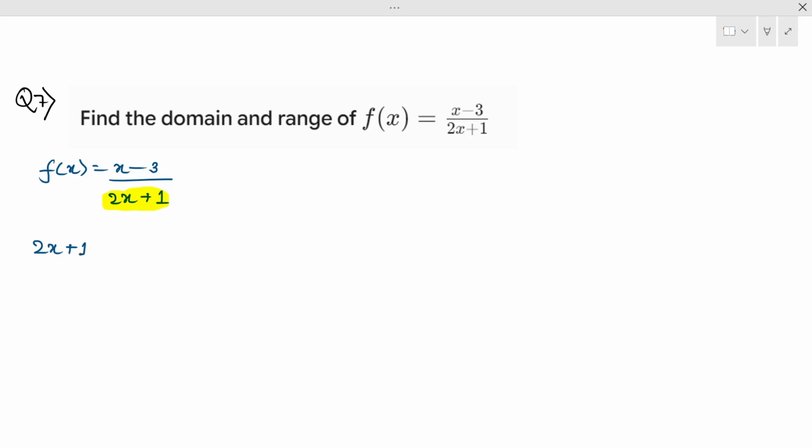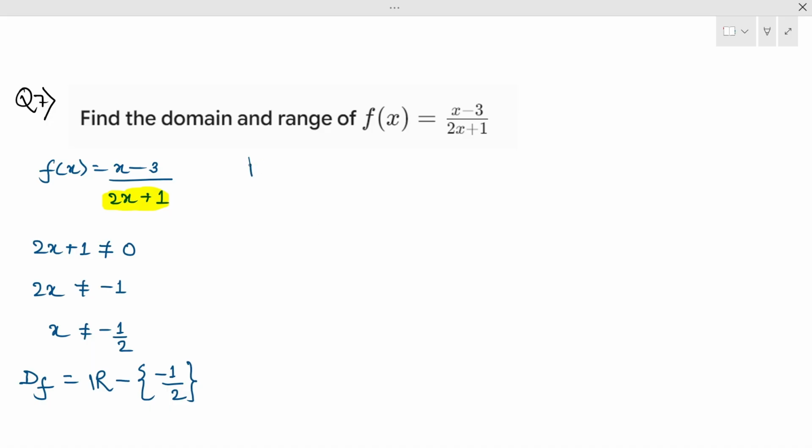So 2x plus 1 should not be equal to 0. That means 2x should not be equal to negative 1 and x should not be equal to negative half. So what will be the domain? The domain will be all real numbers except negative half, right?